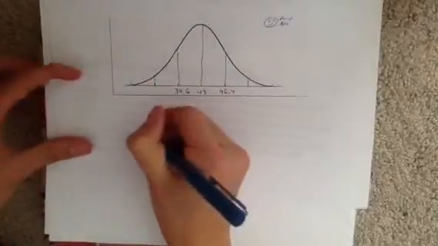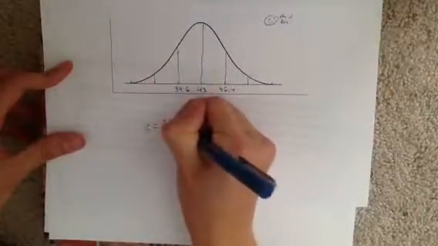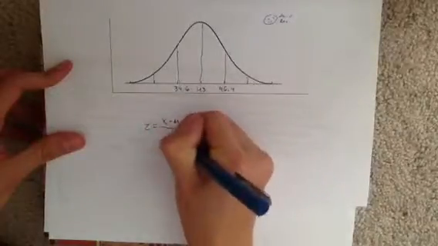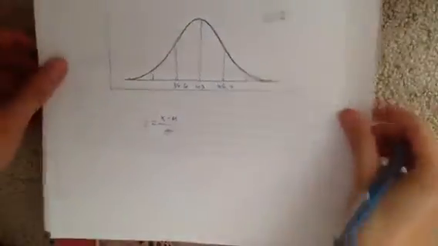Using z-score, as we remember, our formula is z equals x minus the mean over standard deviation. First, we're going to set up our equation and plug it in.